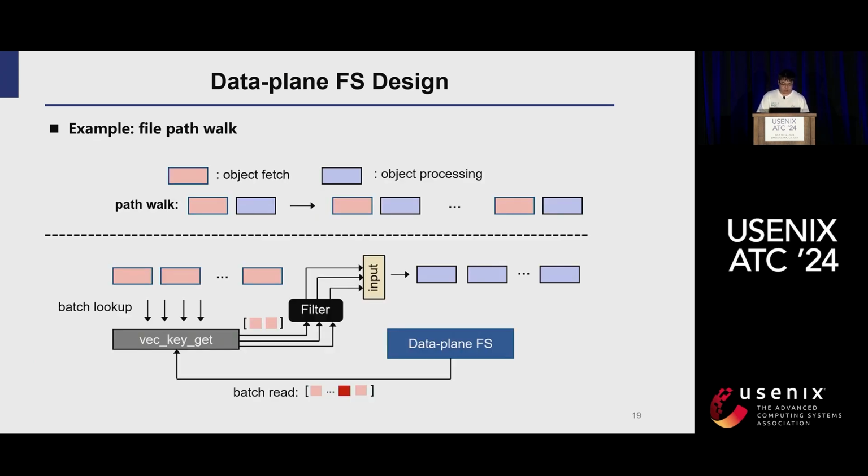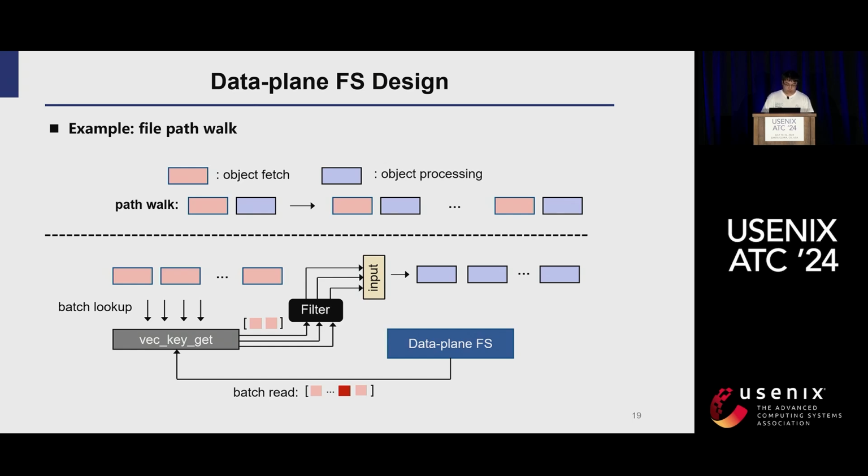We further describe the data path design with the file path walk example. Compared with the sequential coupled file path walk design, we decompose the path walk into a batch of dentry lookups and remaining operations. A dentry lookup equals a meta-object search in our data plane FS.